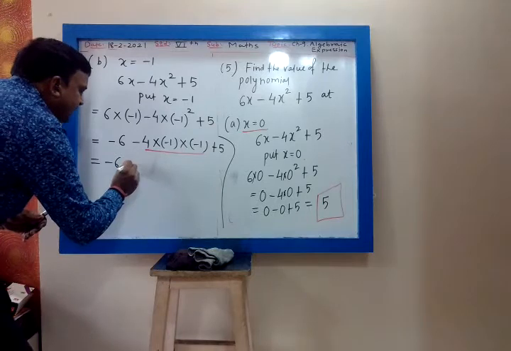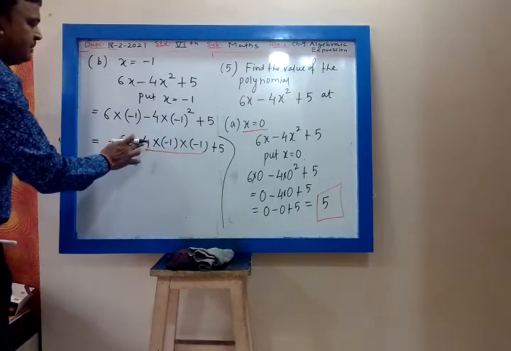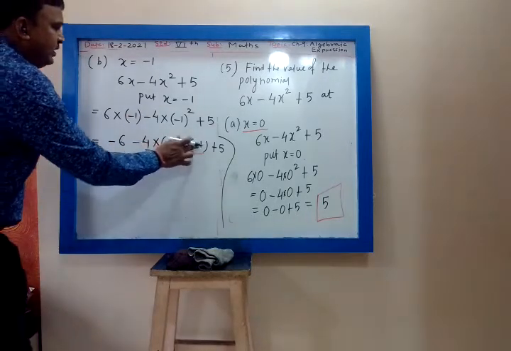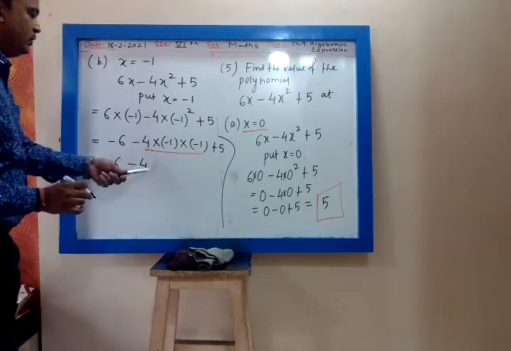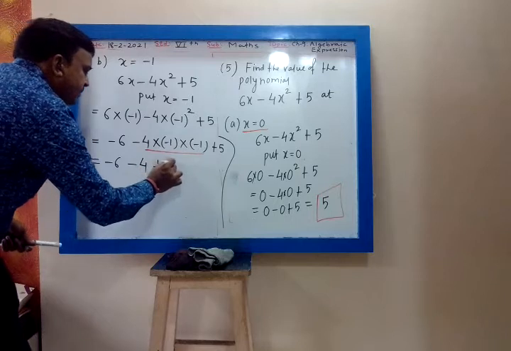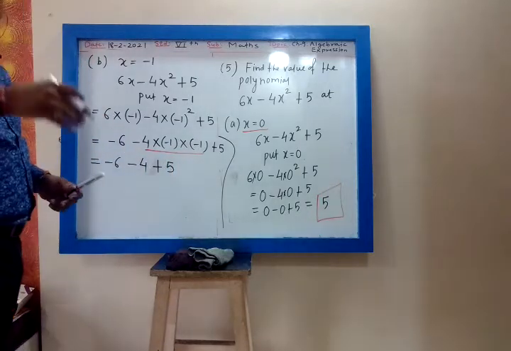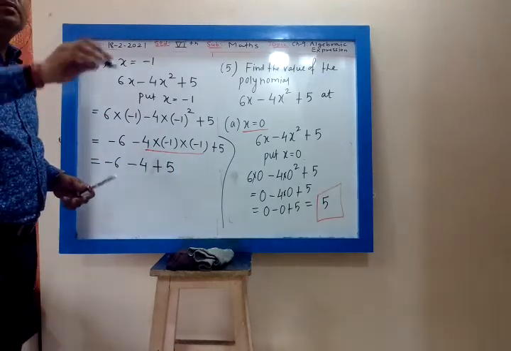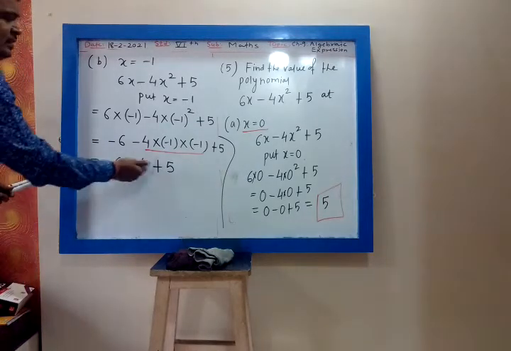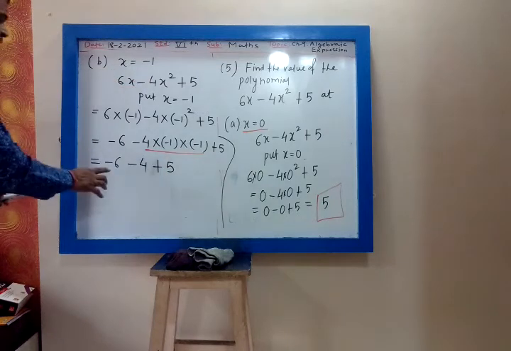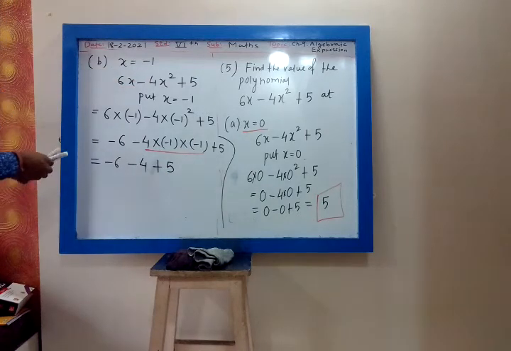So finally it will be minus. Then multiply the number 4 into 1 into 1, 4. 4 into 1 into 1, 4 plus 5. Are you getting? First you have to multiply the sign. Then you have to multiply the number. Now minus and plus, anyone you can perform. What is minus 6 minus 4?